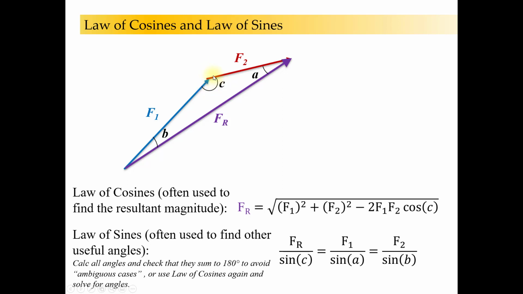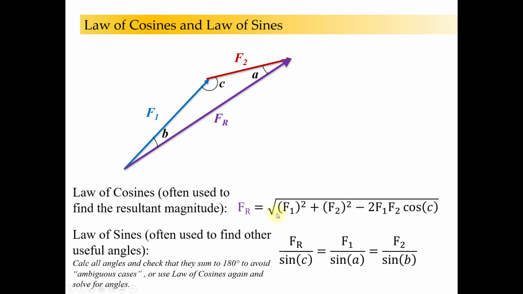It's usually not terribly obvious in the problem, because didn't you move f2 up there? You might know where f2 is in relation to the horizontal. You might know where f1 is in relation to the horizontal. So you have to kind of figure out that angle C. And that's kind of a bummer, but it's not the end of the world. I have some examples that show that.